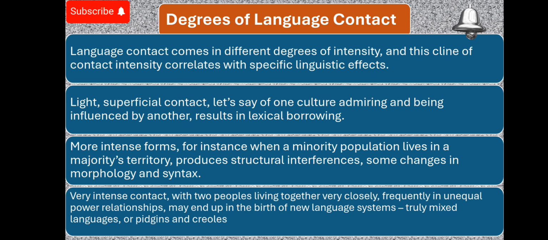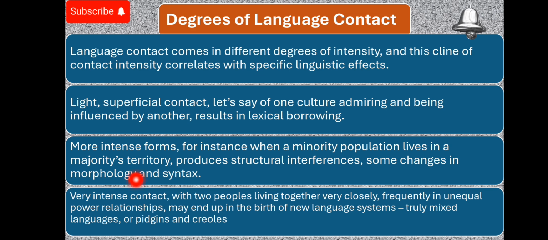Or a group of people from Great Britain or from America come and settle in our country. So what happened? That is a minority in a majority territory. It produces structural interference. The structure of one language will interfere with the structure of another language. Some changes in morphology and syntax can also be found if minority people live in a majority.